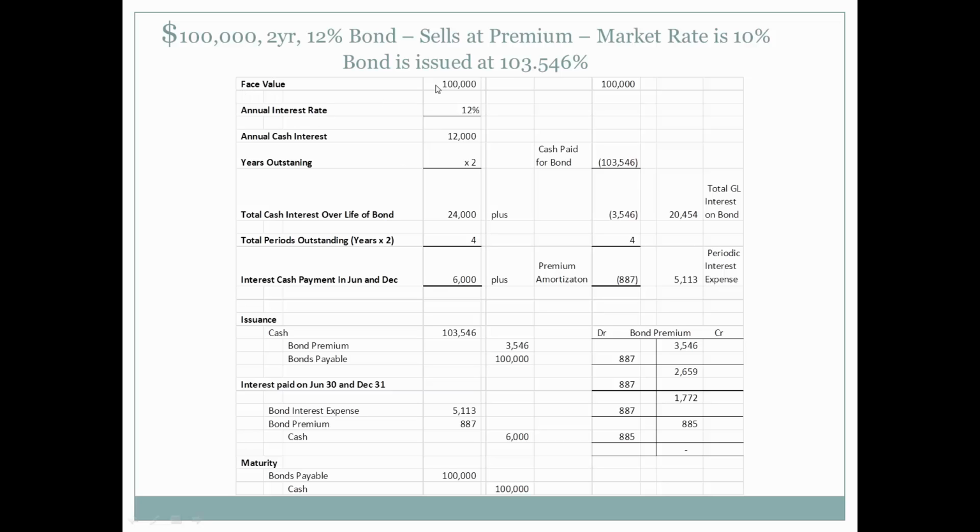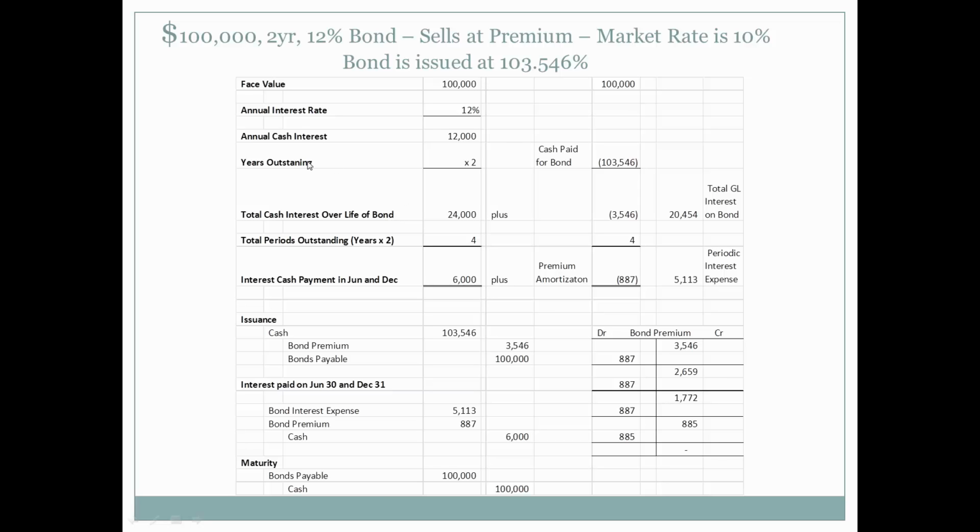The face value of the bond is $100,000. The annual interest rate is 12%. So 12% times $100,000 means the annual cash interest is $12,000. Now let's look at this. What is the total cash interest over the life of the bond?